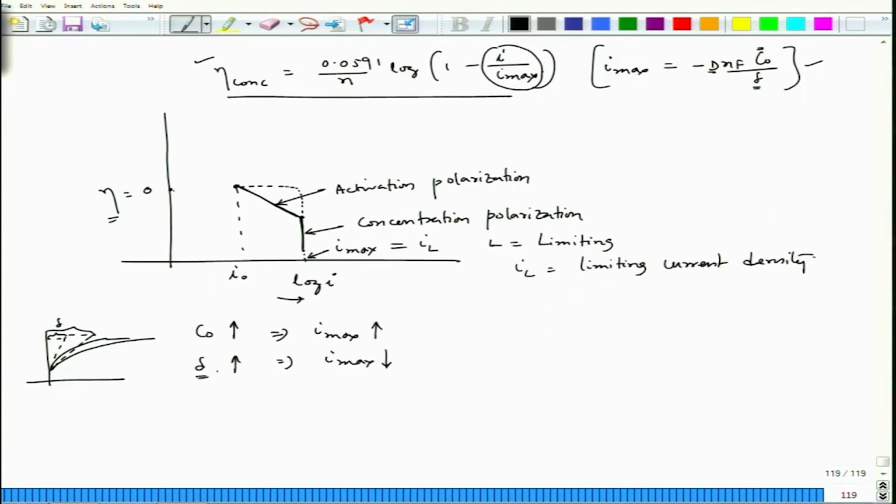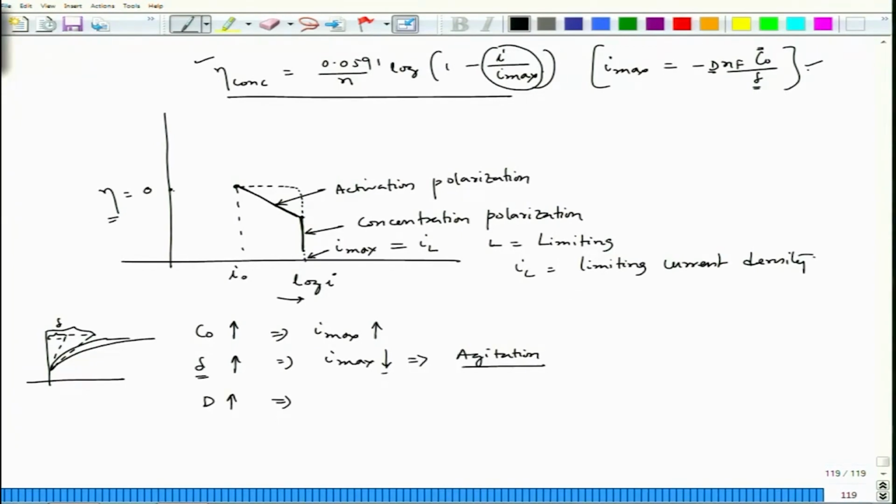And how can we change this delta? Delta can be changed if we incorporate agitation. Agitation means if we churn the solution, we would have this kind of situation. Now, if D increases, that means diffusivity increases.